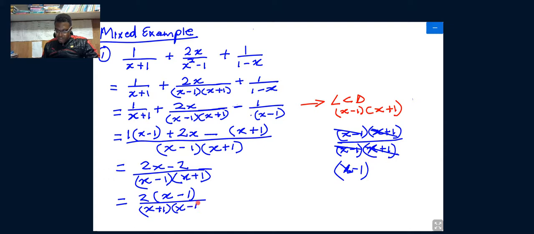I bring this one this side deliberately because this is what I want to do. So the final answer is x over... is 2 over x plus 1. This is the final answer. I wanted to show you this.